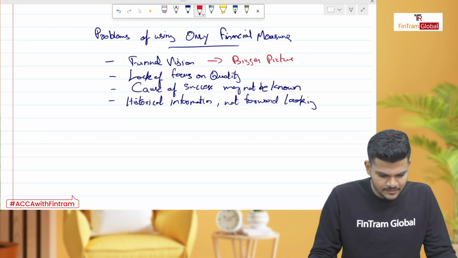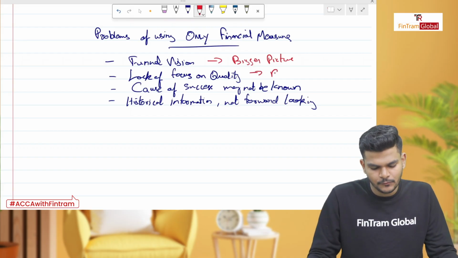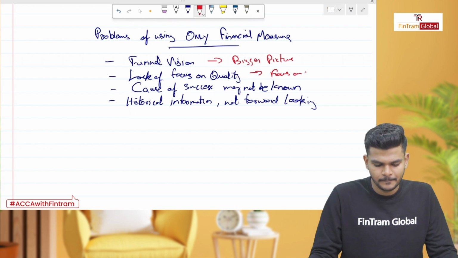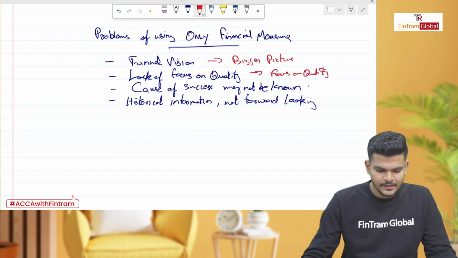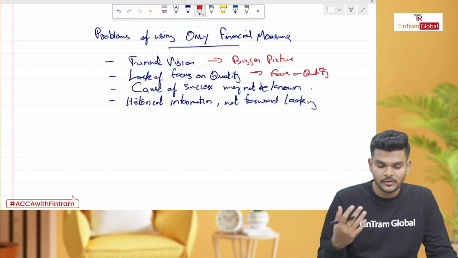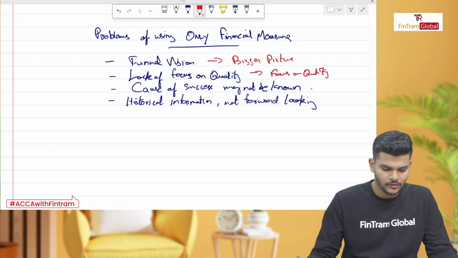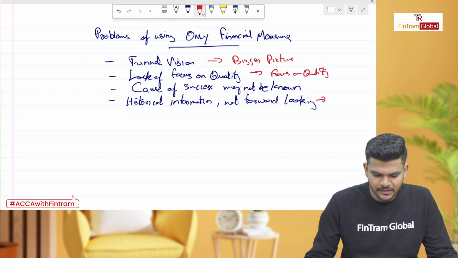All these things can be assessed, and there would be a focus on quality when it comes to non-financial measures, right? And then we will be able to know about the cause of success as well. That's kind of obvious, right? And then it's forward looking as well, right?